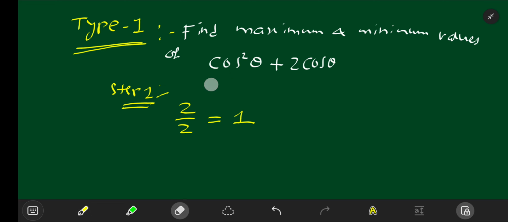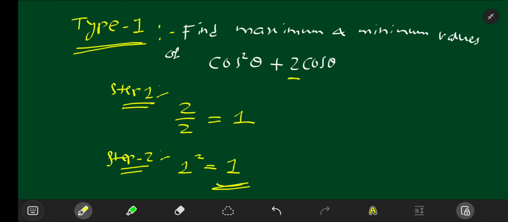Step 2. What is step 2? Square the resultant value. 1 is the resultant. Square it. 1 square is also 1 only. Yes or no?